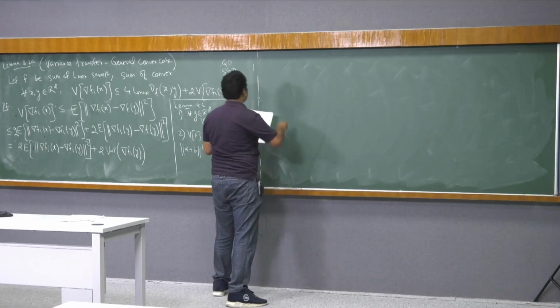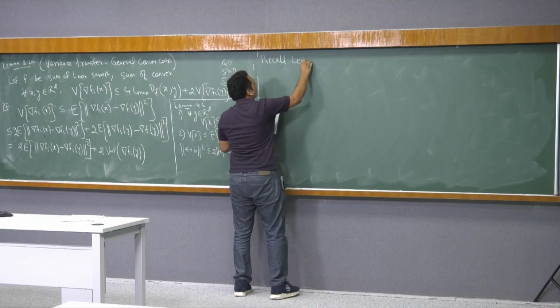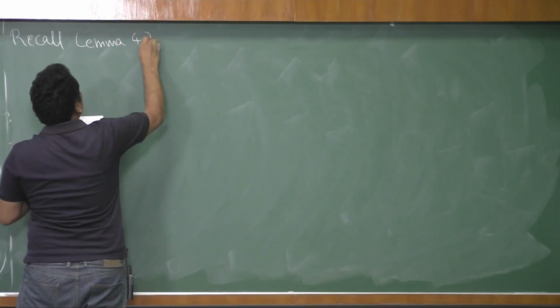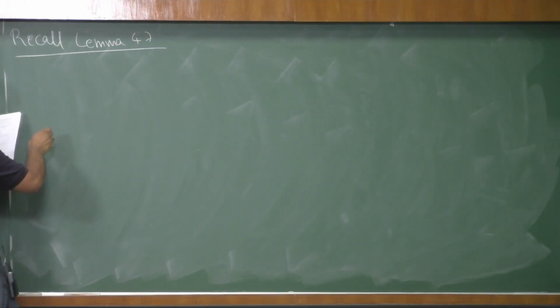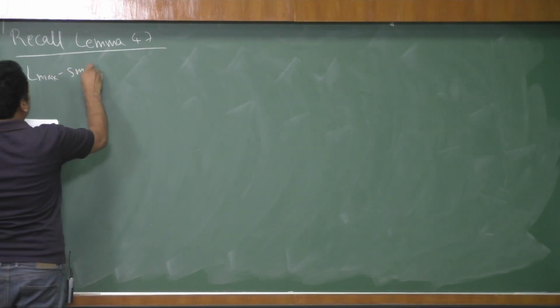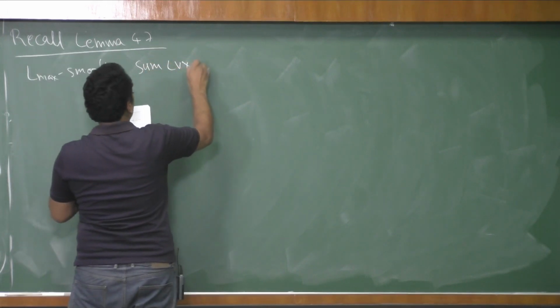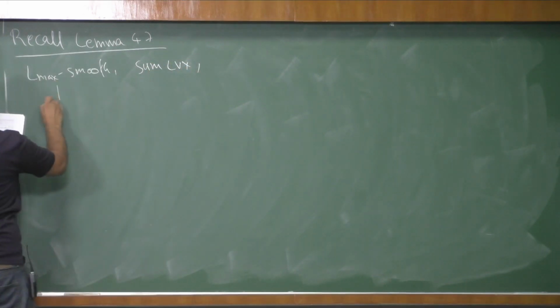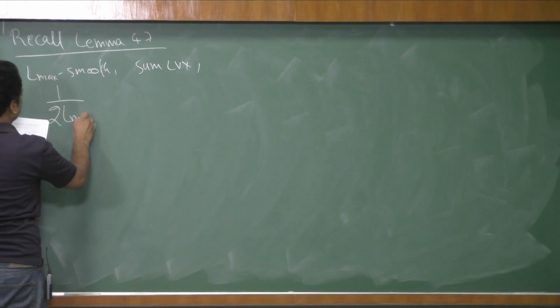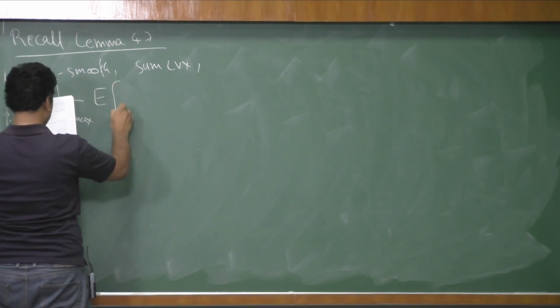So recall lemma 4.7, and this is that for L max smooth and sum of convex, then we have this result. We have actually used this multiple times, but we don't necessarily have to memorize everything.